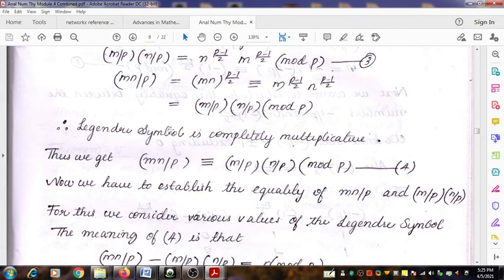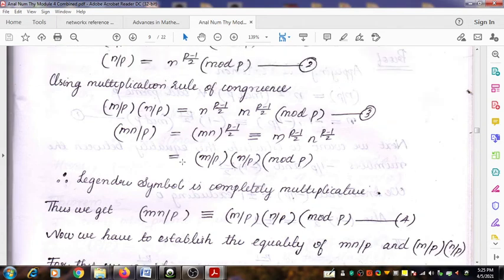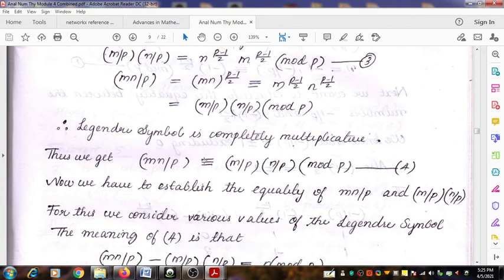Then the Legendre symbol is complete. But this is not the end of the proof, because we want to show that (mn/p) is equal to (m/p) into (n/p).